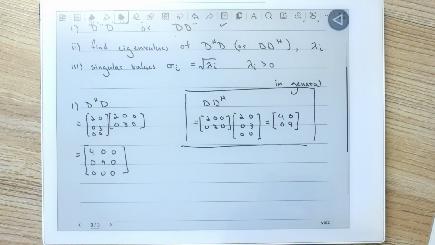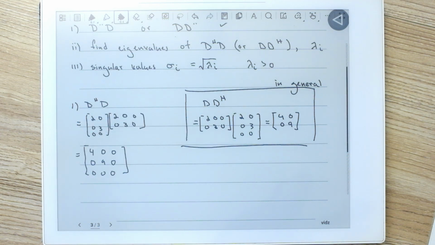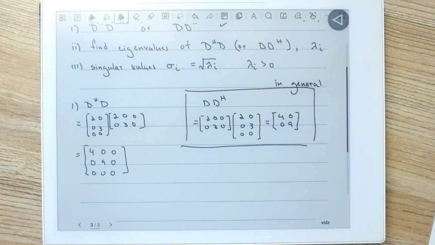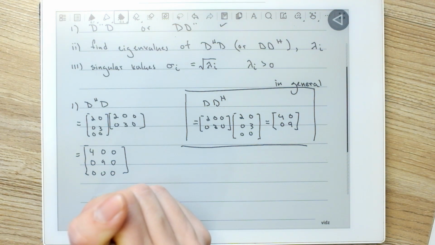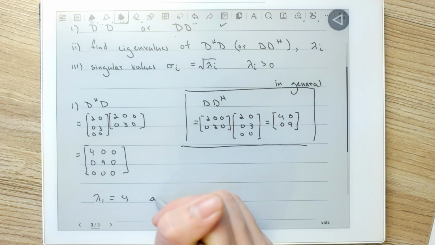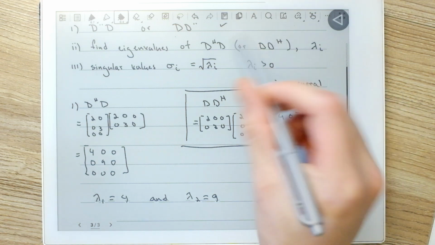The reason is that these are both triangular matrices, or more particularly, they are diagonal matrices. So they're both upper and lower triangular, which means they only have entries on the principal diagonal. And we know that the entries on the principal diagonal are in fact equal to our eigenvalues. So we can immediately say lambda 1 is equal to 4, and lambda 2 is equal to 9. So we have found the eigenvalues of this matrix.